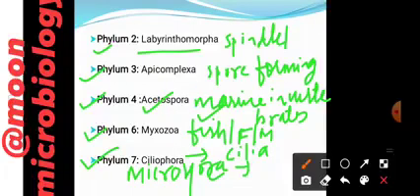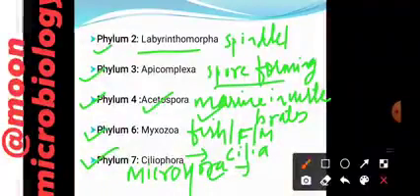The third is Apicomplexa. They are spore forming and unicellular, and they are obligate endoparasites of animals, which means they live inside the host cell, and here the host is the animal.